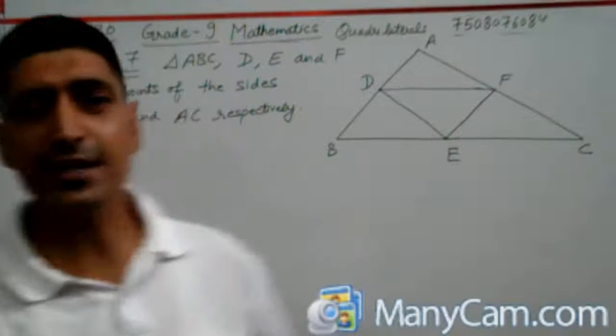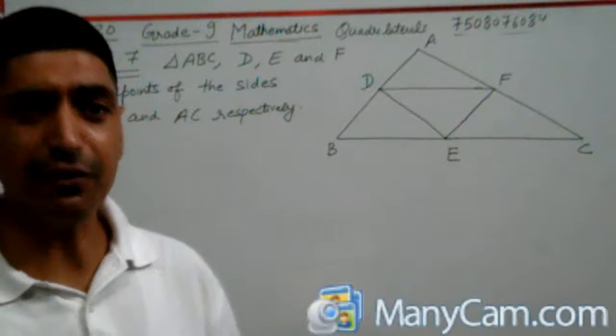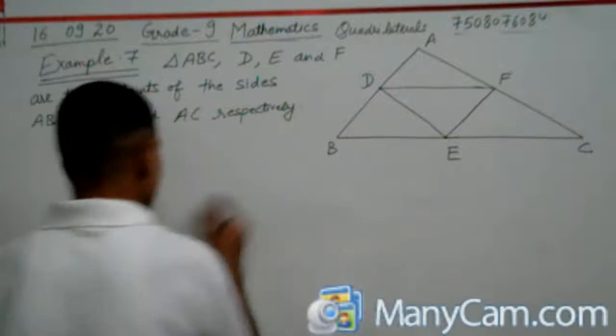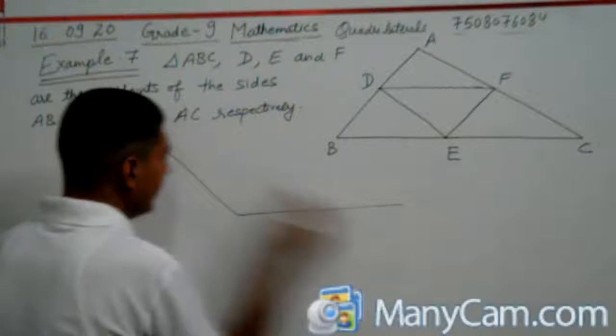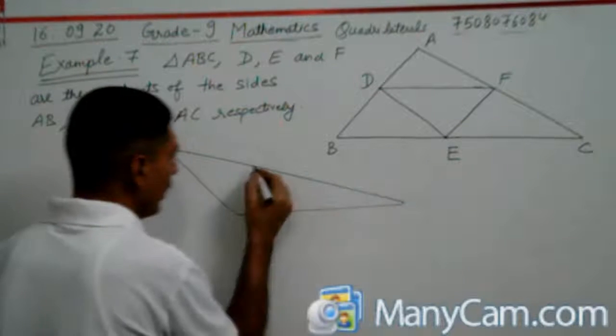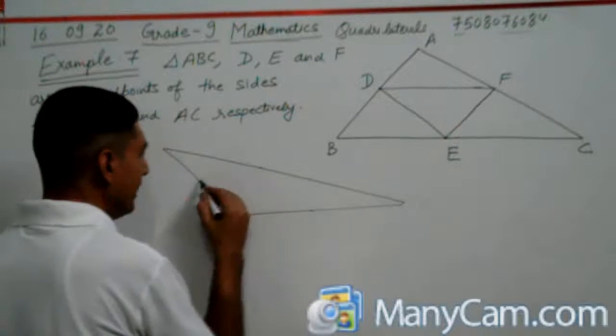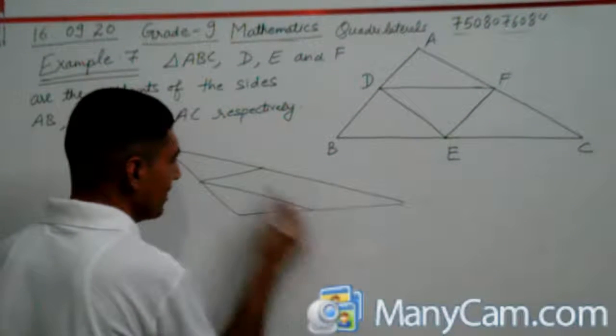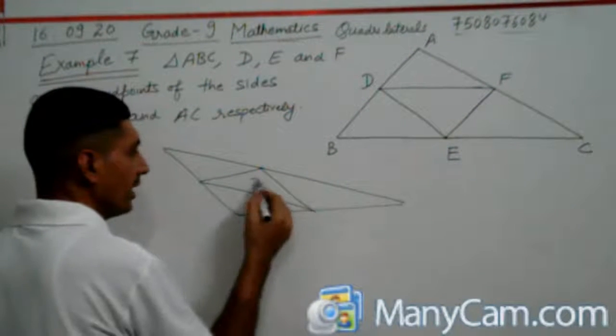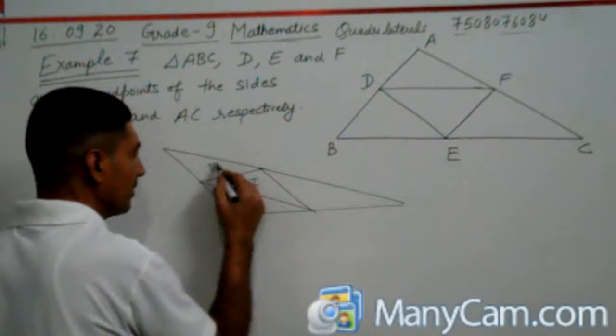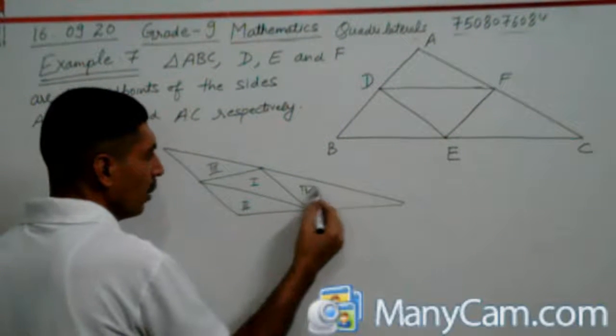And you can choose any kind of triangle. Any triangle, when you join the midpoints, you will find that the four triangles are always congruent. Triangle 1, triangle 2, triangle 3, triangle 4, how are they congruent?